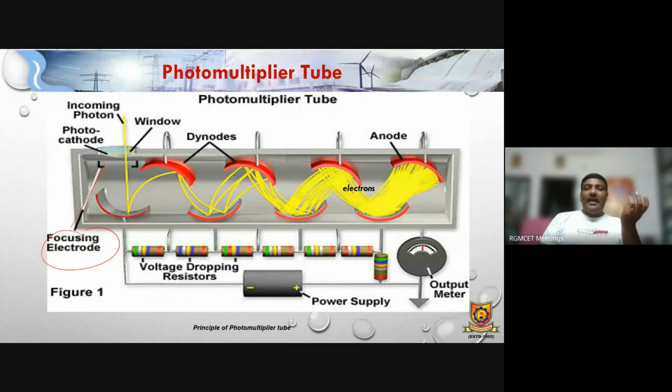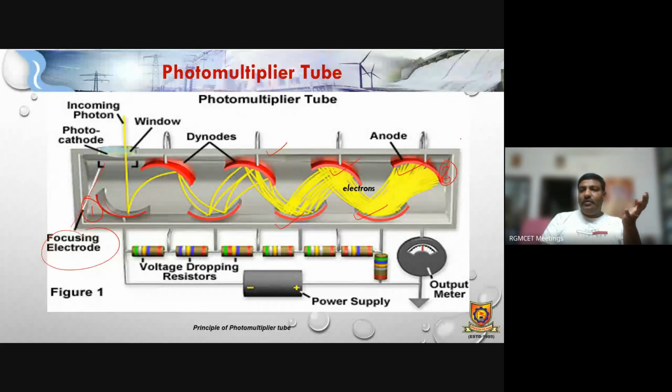These are kept at increasing voltage compared to the previous one, so the voltage increases at each stage, from the first anode to the last, 1, 2, 3, 4, 5, 6, 7, 8th anode.